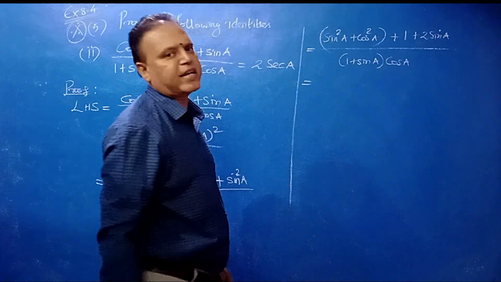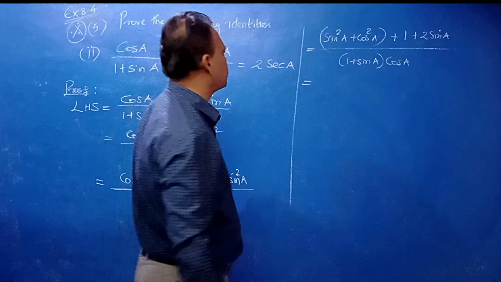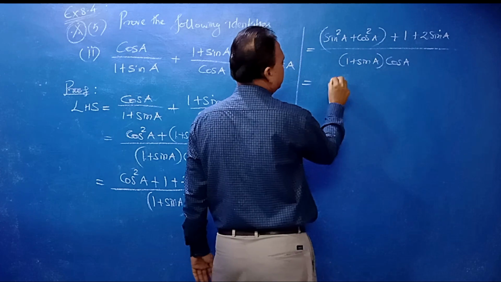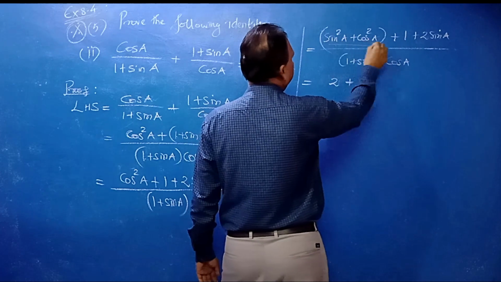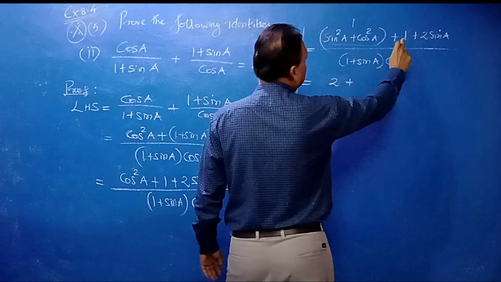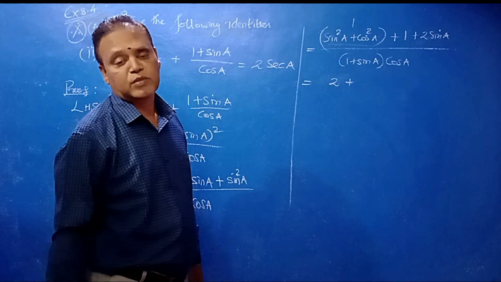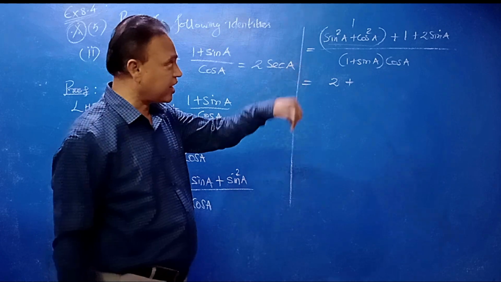Now apply that identity, sin squared A plus cos squared A is 1. This is 1, so 1 plus 1, 2. That 2 is what? You should not add, that is a separate, unlike term. 2 is with sin A.